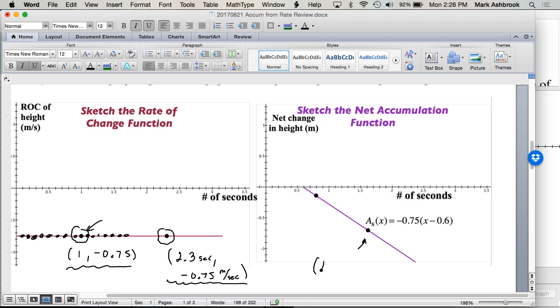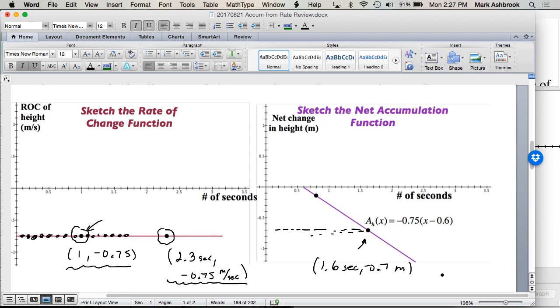So at 1.6 seconds, you said the net change in height was? Is that what you estimated? Negative 0.7. So at 1.6, the net change in height was negative 0.7.